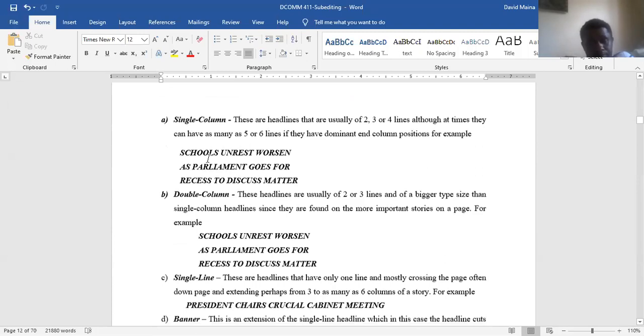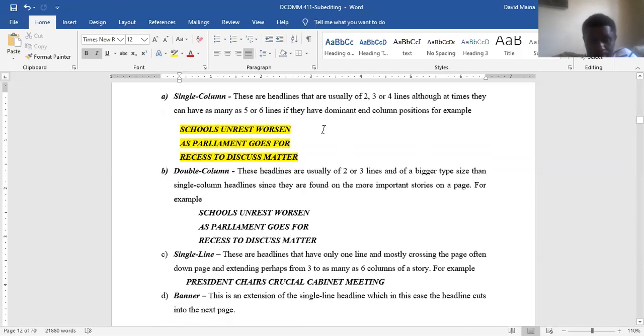For example, you've been told schools unrest worsen as parliament goes for recess to discuss matters. So you can see this is line 1, this is line 2, but it is one sentence. This is line 3. So this one is a single column headline. Remember, it can have a maximum of 5 or 6 lines.